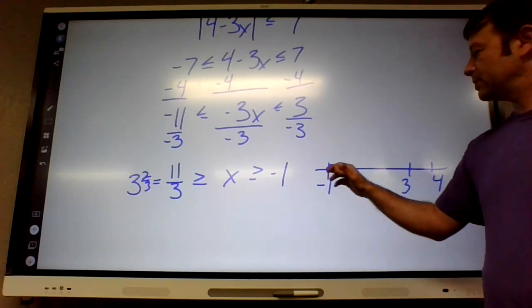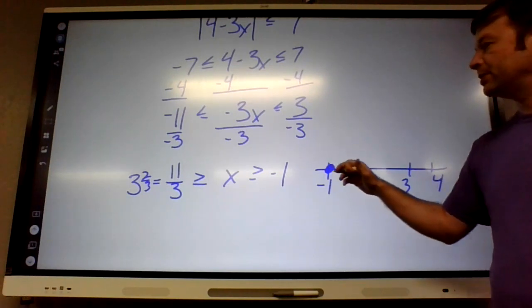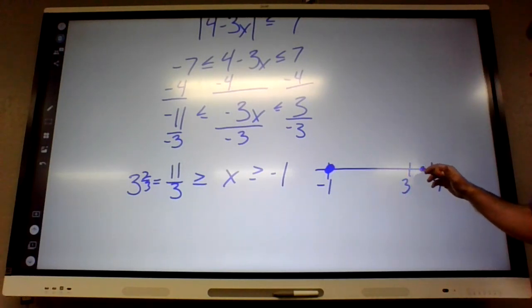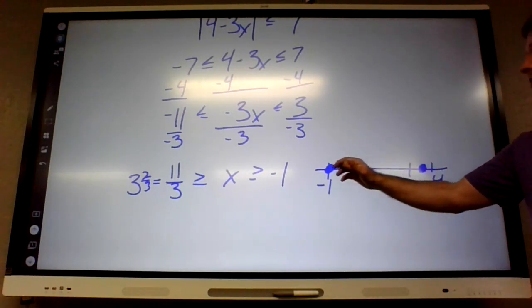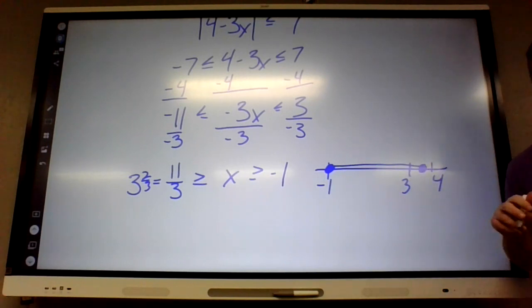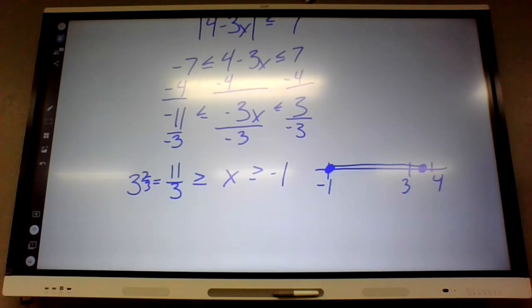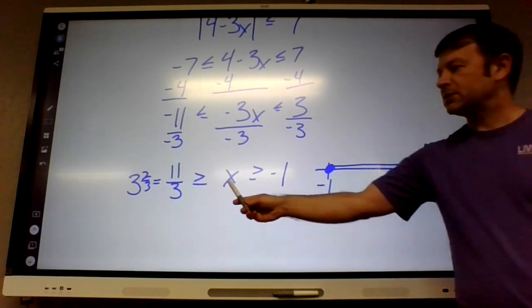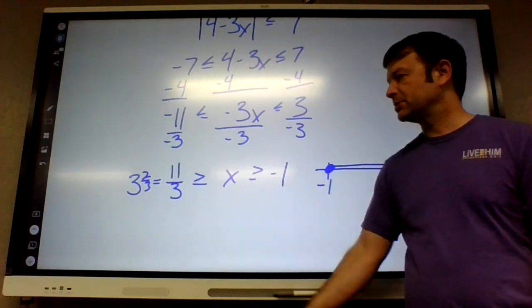So, close circle at negative 1, close circle at 3 2/3, and connect the dots. Wouldn't it be also going past 4 since it's greater than or equal to? It's less than. It's less than or equal to this. Oh, okay.